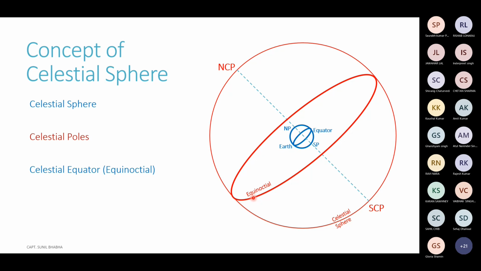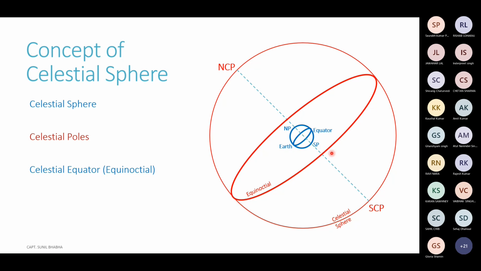Now you can also understand equinoctial from a different perspective. If the plane of the equator is extended outwards, or you can say if the equator is projected onto the celestial sphere.